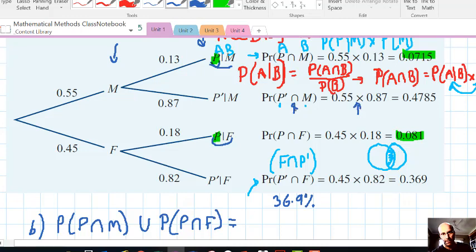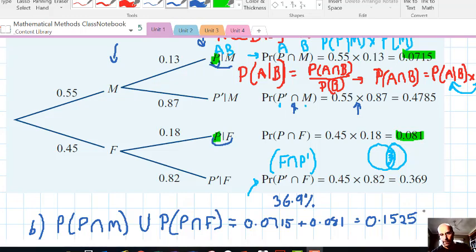So intersection we multiply because it's and, union we add because it's or. So we can just write down the amounts from above. We can add them together. I get 0.1525 or about 15.25%.